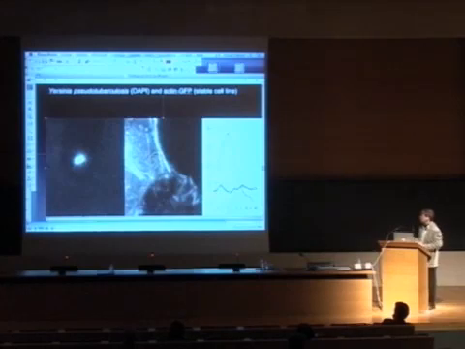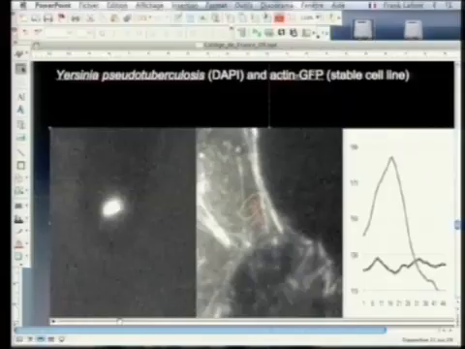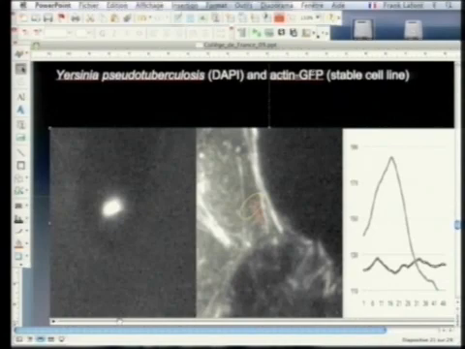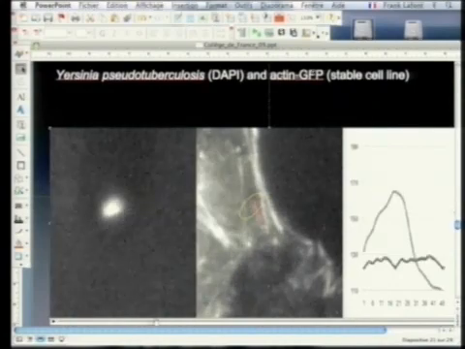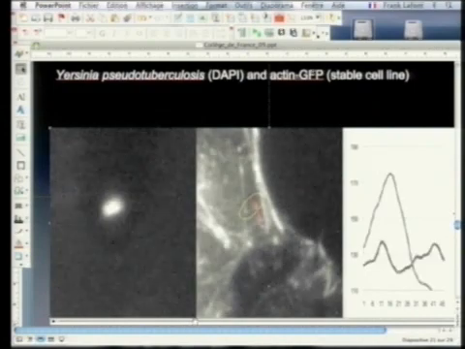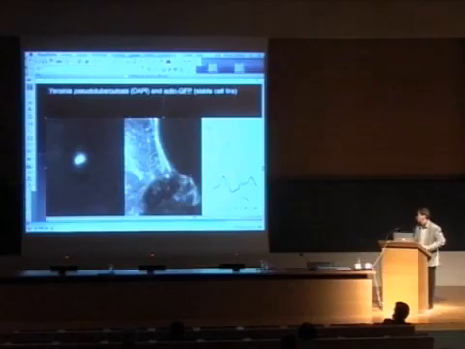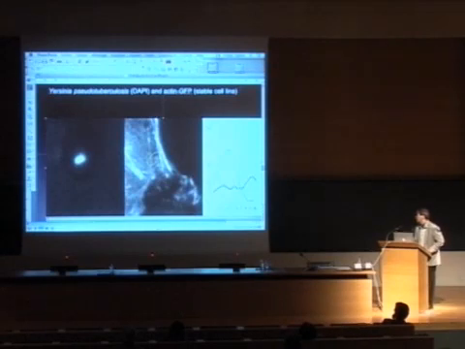So here what you see is that the tip is engaged and the bacteria is touching the cell. And now, if you look at the actin cytoskeleton, then you see that there is some polymerization going on just below the bacteria that you can follow as a function of time.